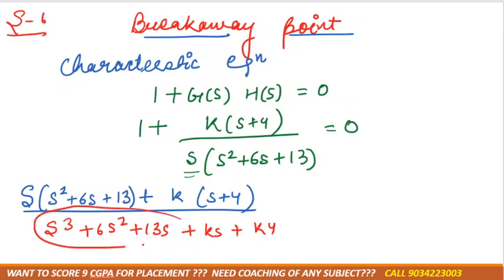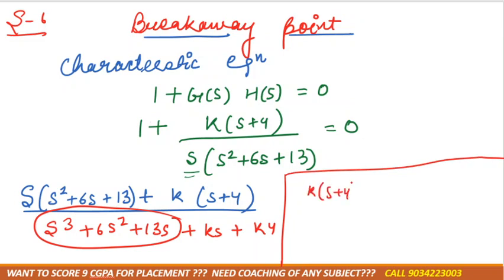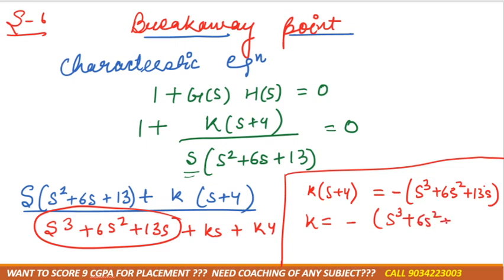I need to shift all these terms to the right hand side to calculate K. So K into s plus 4 is equal to minus of s cube plus 6s square plus 13s. If we need to calculate the value of K, then K would be minus of s cube plus 6s square plus 13s, divided by s plus 4. So this is what we got.